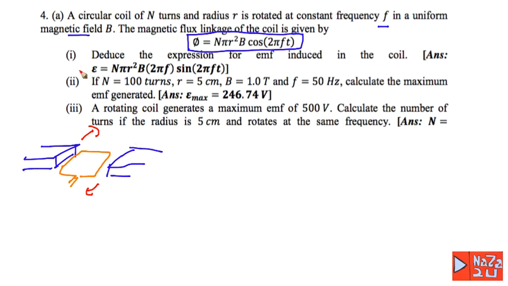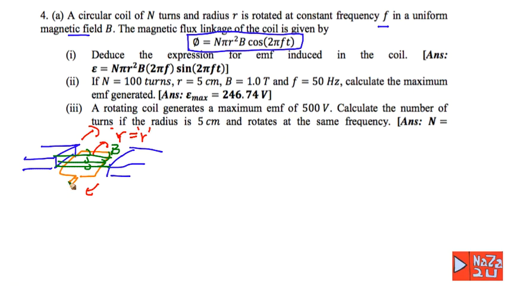This is a circular coil, and the radius is r. And if you have the magnet here, you have a magnetic field, B.